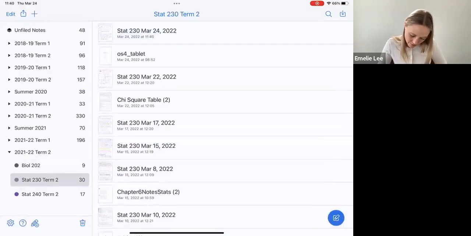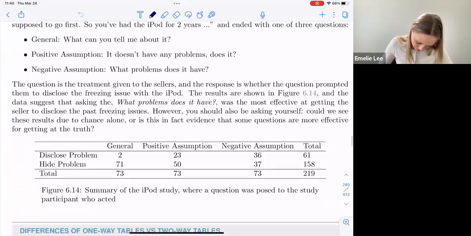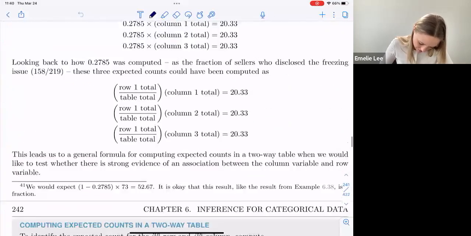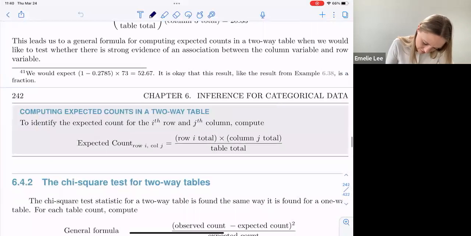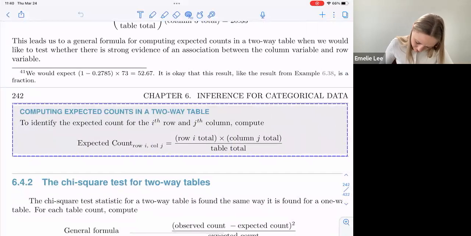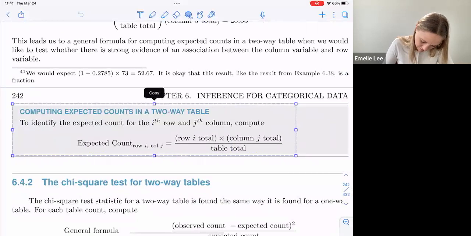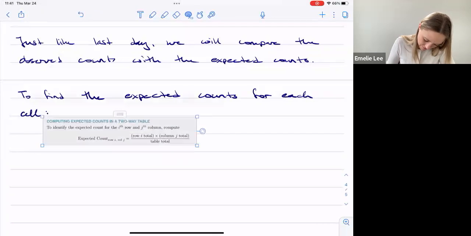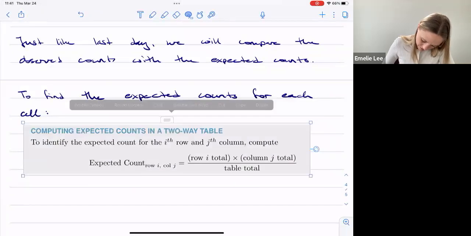Let me just grab it because they've got it written out so nicely, way nicer than I ever could.